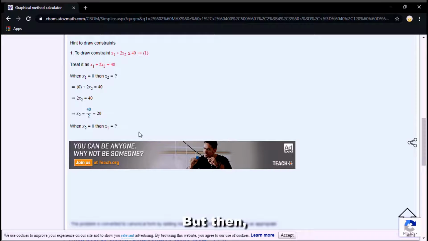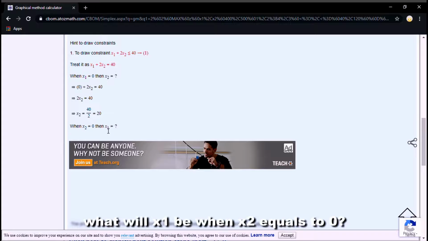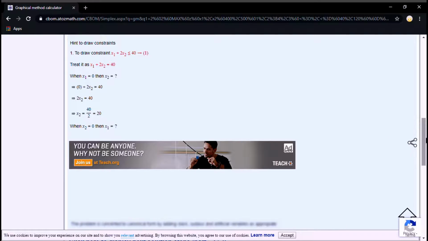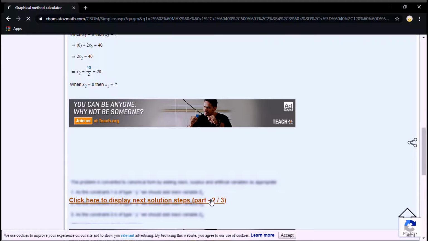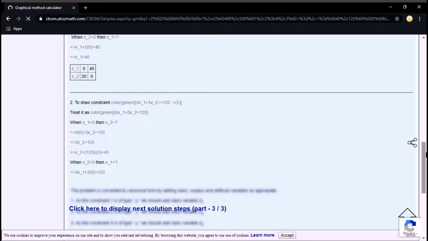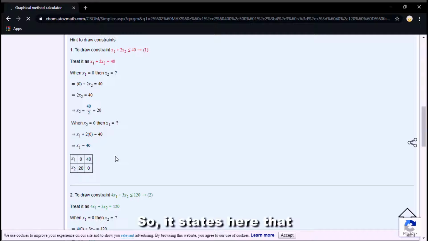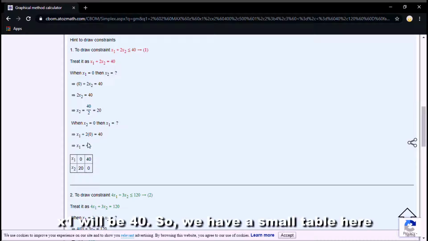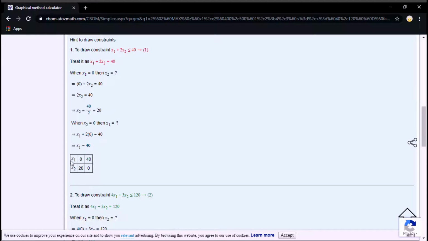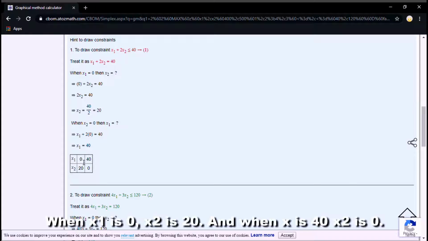But then what will x1 be when x2 equals 0? It states here that x1 will be 40. So we have a small table here just to clarify things. When x1 is 0, x2 is 20, and when x1 is 40, x2 is 0.